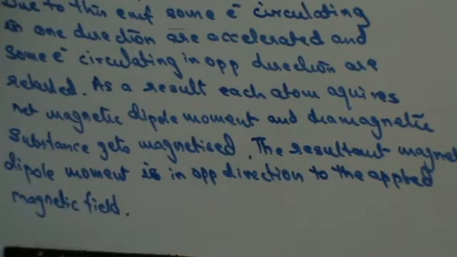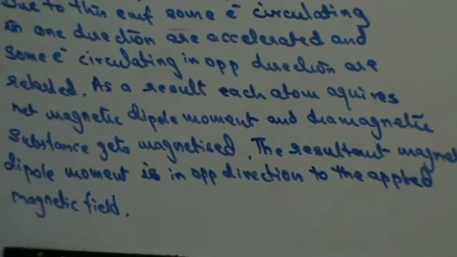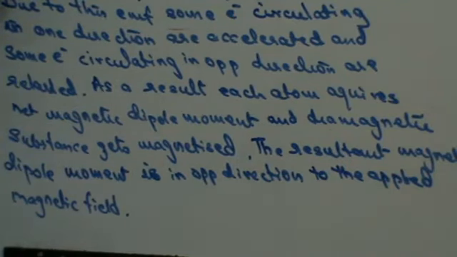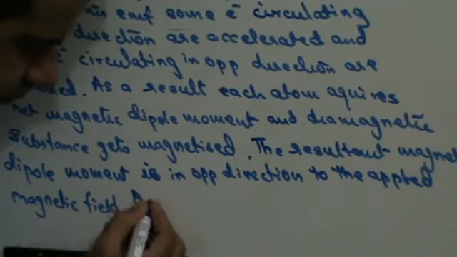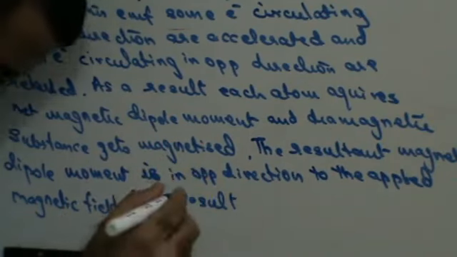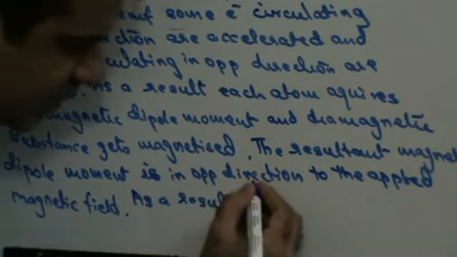Fine. So as a result, the diamagnetic substance is repelled from the magnet, since obviously if it is going to produce a magnetic field opposite to that of the external magnetic field, it is going to get repelled. So as a result, the diamagnetic substance is repelled.